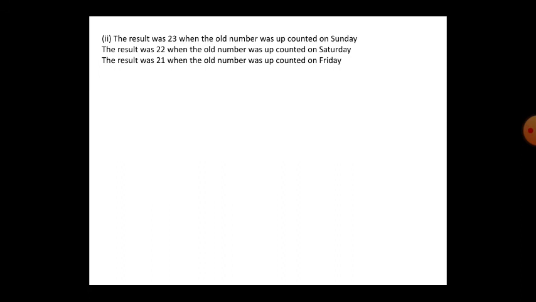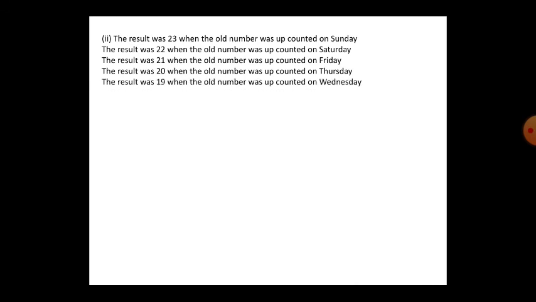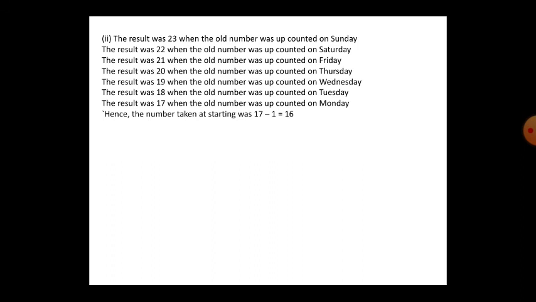Like that, the result was 21 on Friday. The result was 20 on Thursday. Next, like that, reducing and going: Wednesday, Tuesday, Monday. So the number taken at the start was 17 minus 1 equals 16.